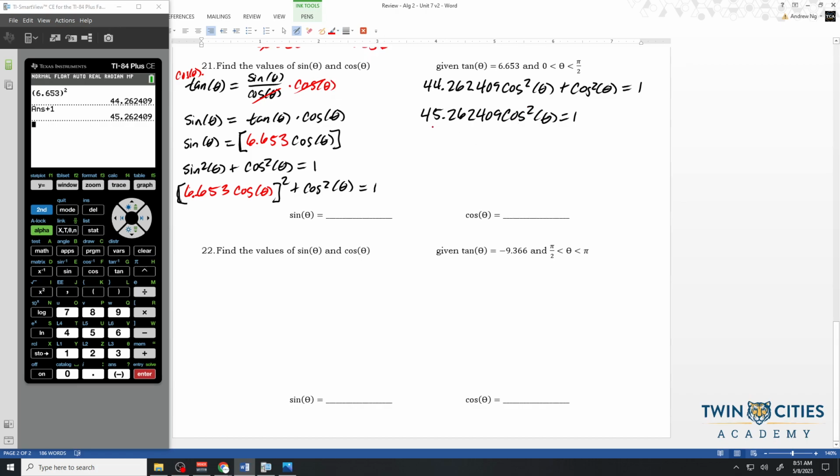Let's divide by this coefficient. So we're going to divide by 45.262409.